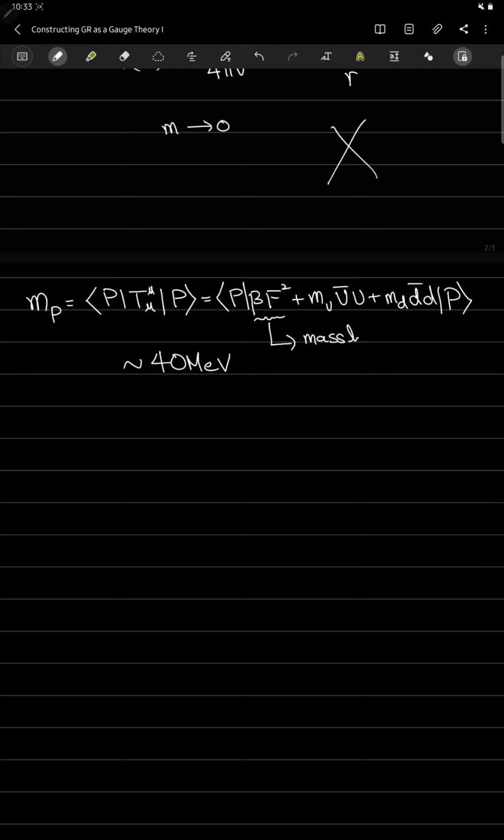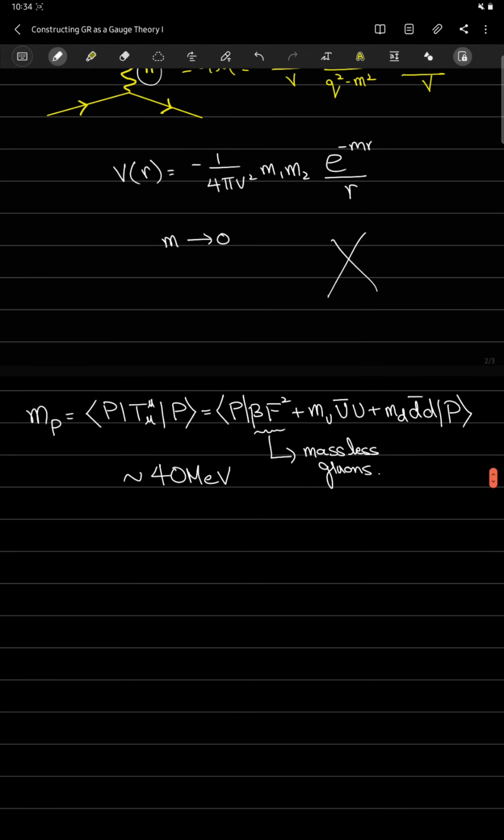Next, in nuclei, the binding energy gives an essential contribution to the total mass. And also, if gravity were only sourced by masses, then the photon, being massless, would not interact with gravity.